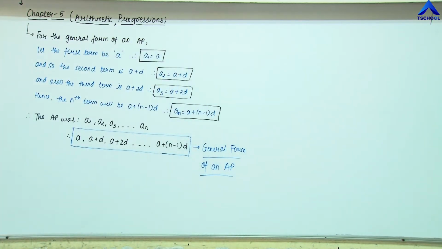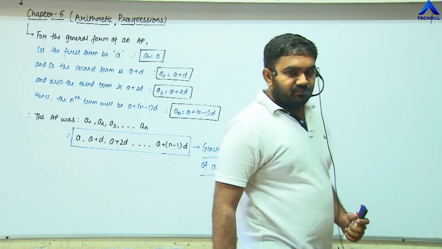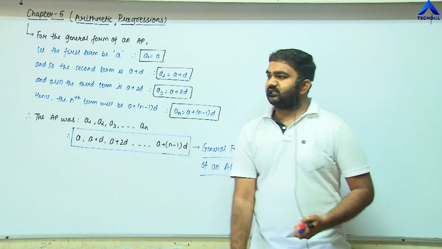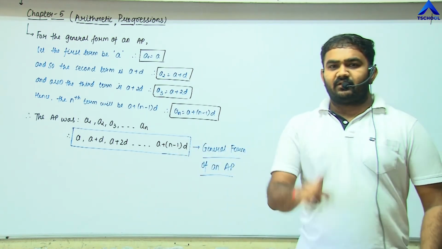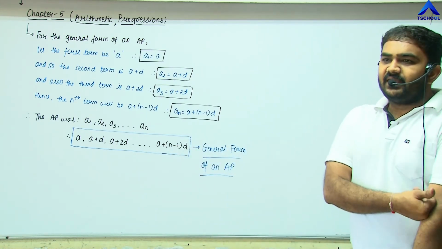Here, this list of numbers, this progression, will give me the general form of an arithmetic progression.